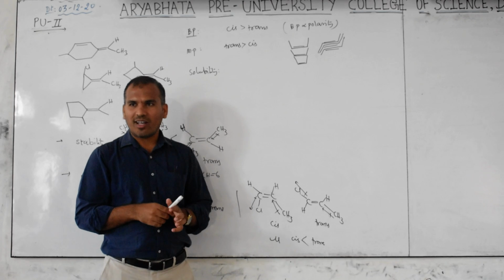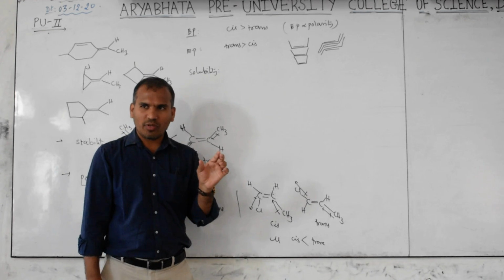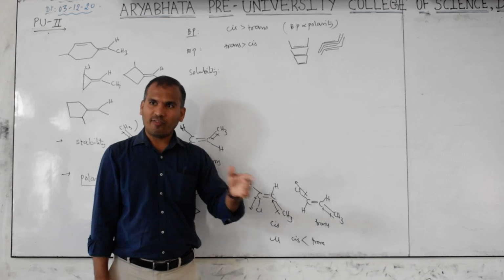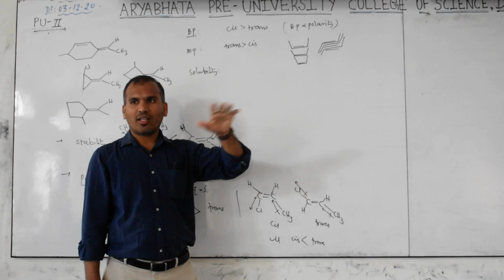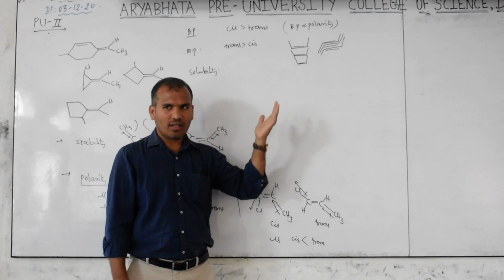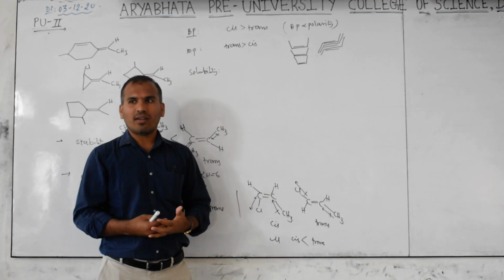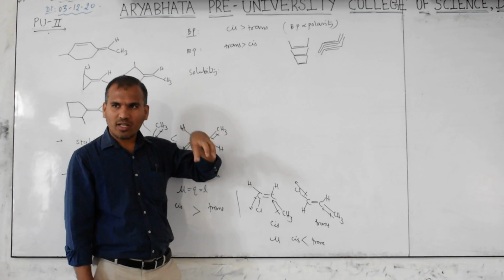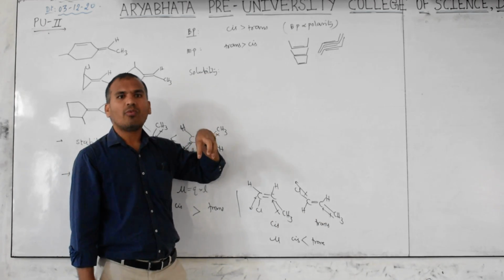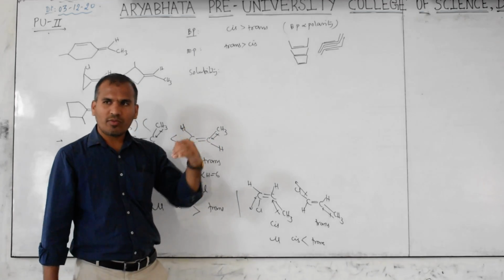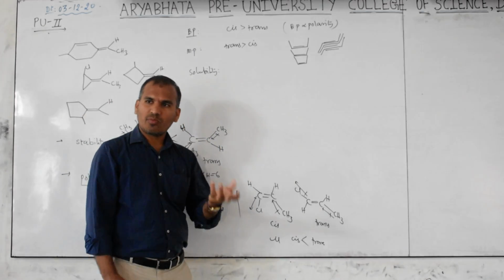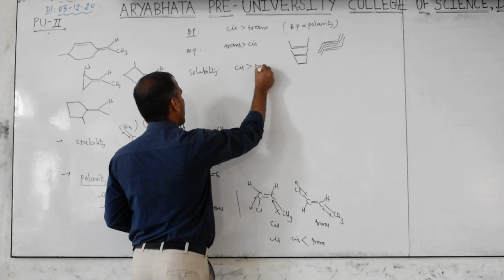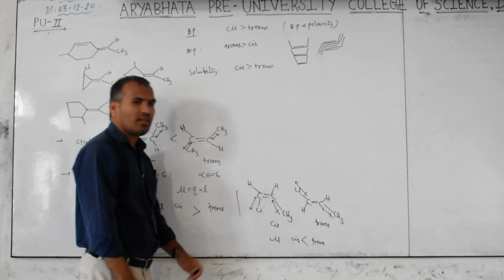If they mention a non-polar solvent, then you think with respect to that. Here they have not mentioned, so solubility is discussed with respect to water. Cis form is more soluble than the trans form. So cis, then trans. Clear?